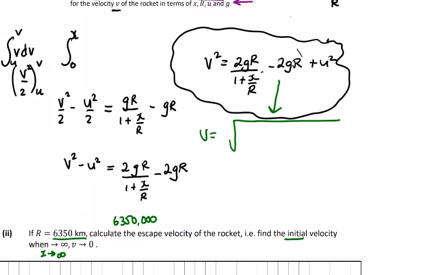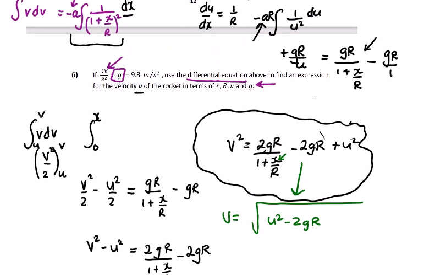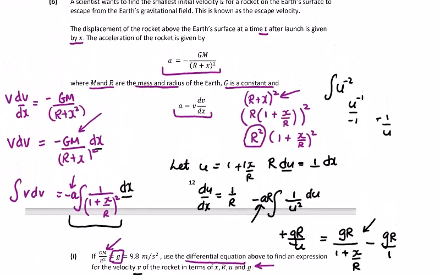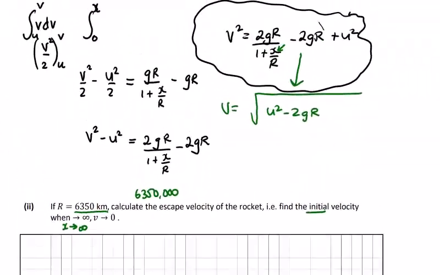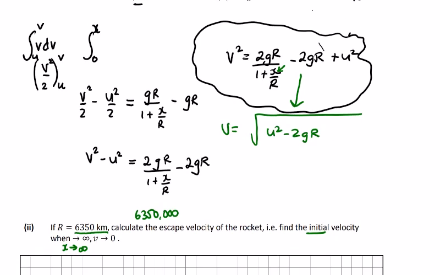So if x tends to infinity, millions and billions on the bottom will make this tend to 0. So we're just going to get u squared minus 2 g r. Do we have u? What did they tell us about u? No, we're looking for u. And we're told that as x tends to infinity, so does v actually tend to 0.